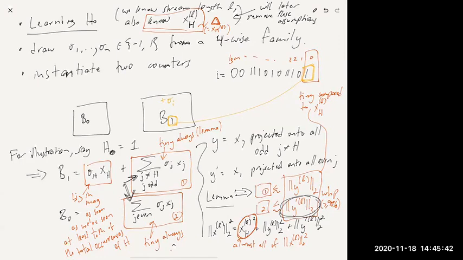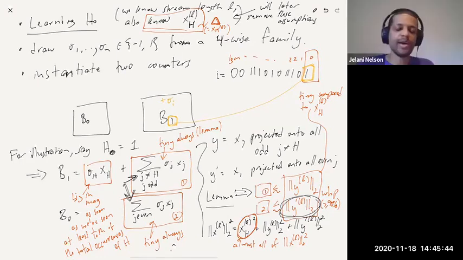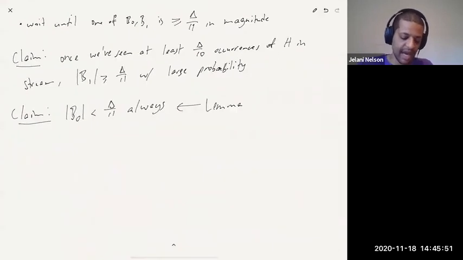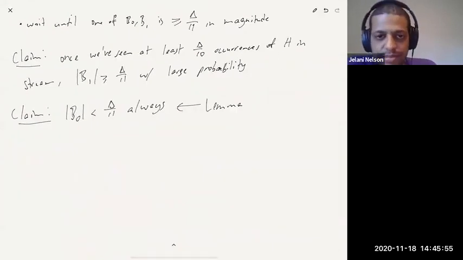Now we're getting there. I haven't actually proved the lemma yet. How do you finish this off? Well, the problem is I did all of this to learn one bit of H. I consumed 10% of the occurrences of H in order to learn one bit of H. How many times can I consume 10% of the occurrences of H?